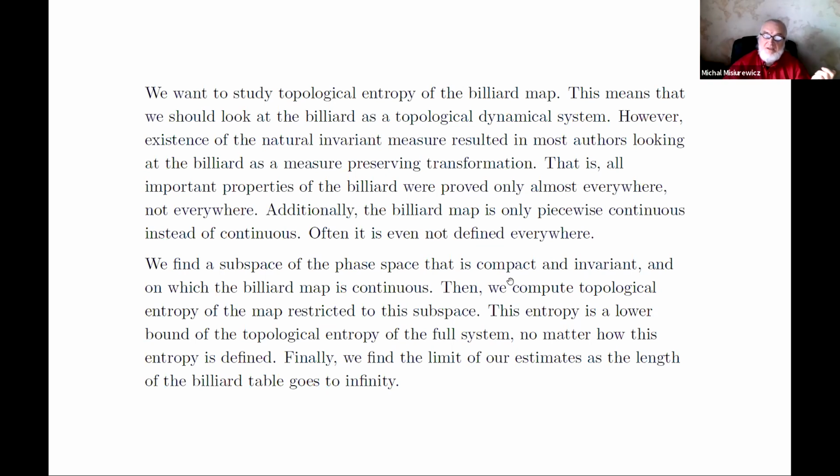So if we find this compact invariant subset on which the billiard is continuous, then the topological entropy on this set is a lower bound of the topological entropy of the whole billiard. And finally, we find the limit of our estimates as the length of the billiard table goes to infinity.